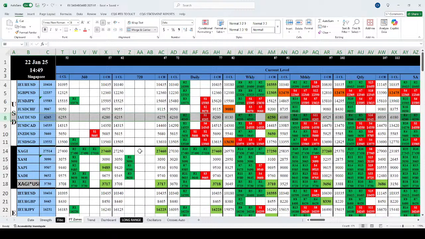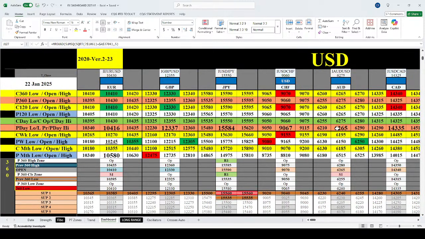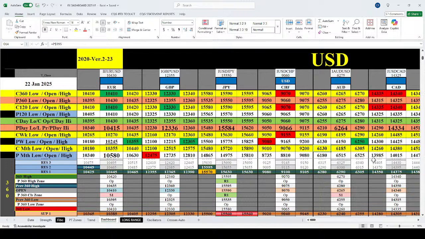Then if you confirm it with the Aussie, I think right now this is trading in daily RL2, and this is trading above 62.50, which is your previous week high. Which means expect the high to break, which is 62.80. If it breaks, we should see 63 or 63.10 or even higher. Let's double confirm with the dashboard.